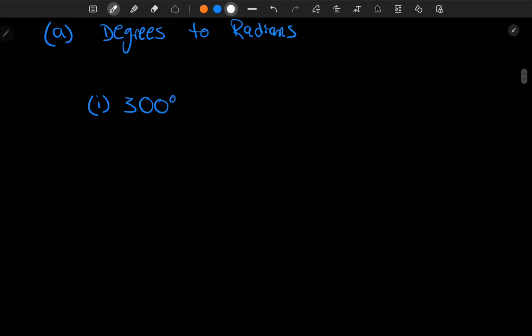Well, to convert degrees into radians, you simply take your value in degrees and you multiply by 2 pi radians divided by 360 degrees. The reason that you multiply by this factor here is because for every 2 pi radians, there are exactly 360 degrees.